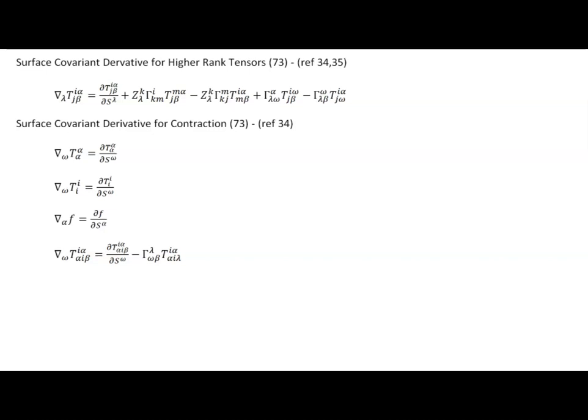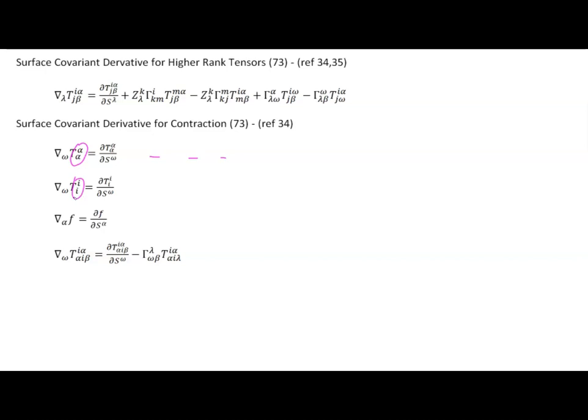Now in video 34, we discovered that contracted indexes do not participate in this process. The process of finding a covariant derivative involves only the free indexes, and the same is true for the surface covariant derivative. So anytime we have a contraction of indexes like here or here, whether they're surface indexes or ambient indexes, then there are no extra terms out here because this is in effect a tensor of rank 0.